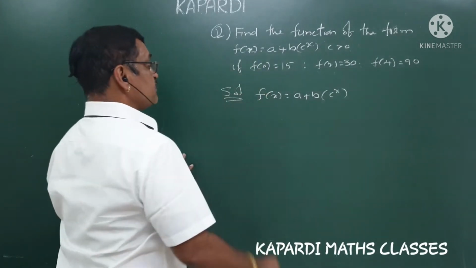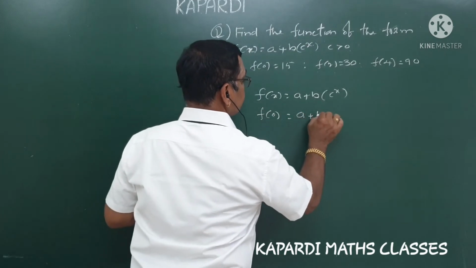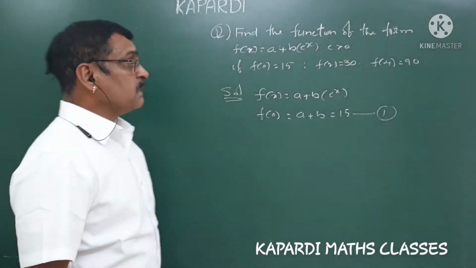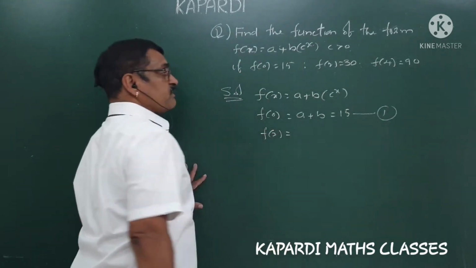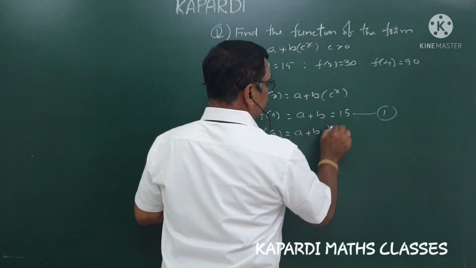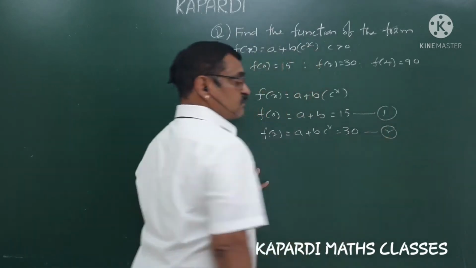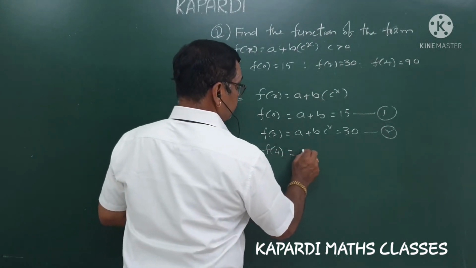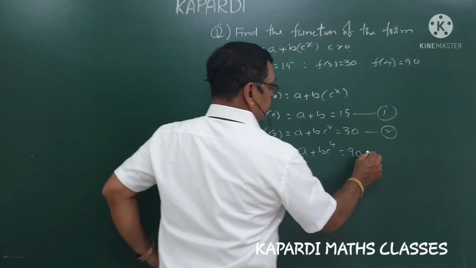First I take f of 0. f of 0 is nothing but a plus b is equal to 15, number 1. Number 2, f of 2. f of 2 is equal to a plus b times of c square is equal to 30. Number 2. Next one, f of 4 is equal to a plus b c power 4 is equal to 90. Number 3.